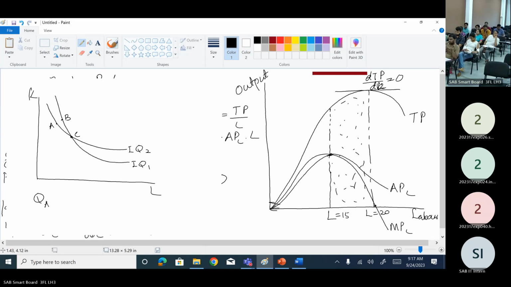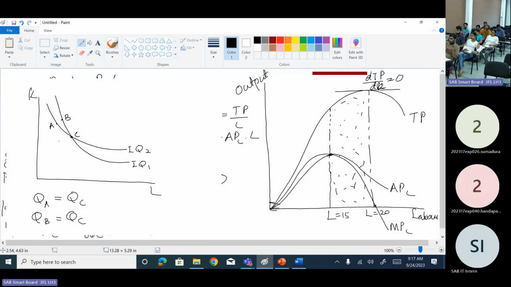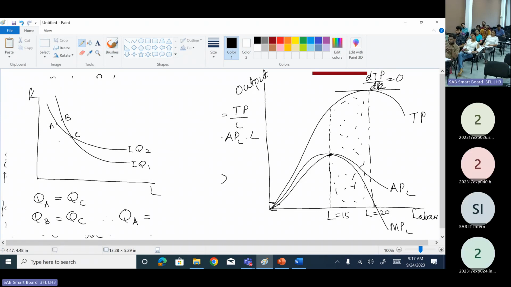QA equals QC, because the output level at point A equals the output level at point C, as it lies on IQ2. In the same way, QB equals QC, as it lies along IQ1. Therefore, can you say QA equals QB?